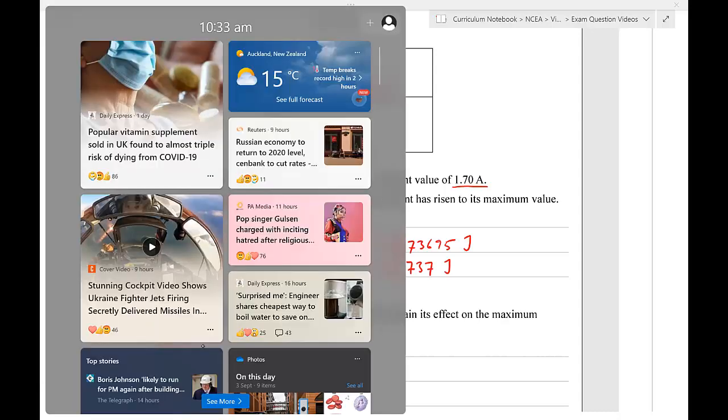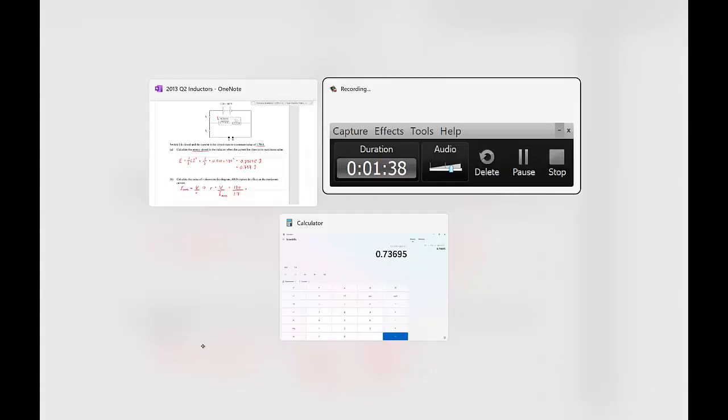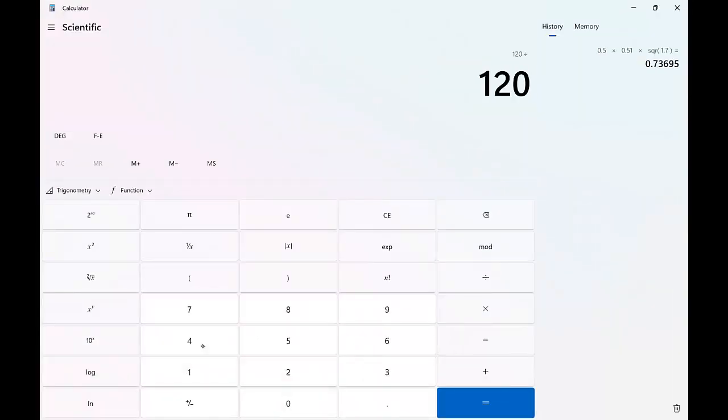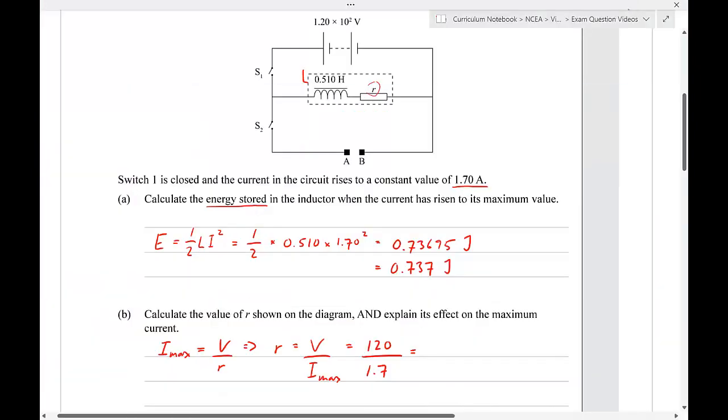So I max is equal to V over R, therefore R is equal to V over I max, which is equal to 120 over 1.7, which is 70.588 or 70.6 ohms.